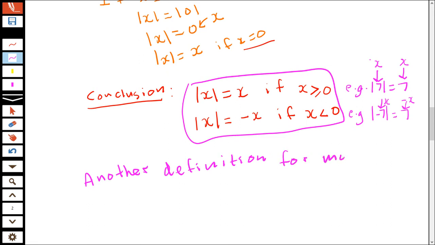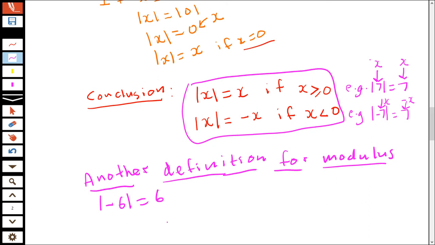I'm going to call it modulus, just so I can save a bit of space. Okay, here's another definition. So now let's think of absolute value of -6. What's that equal to? That's just equal to 6, isn't it? Now, starting with -6, how else could I do this?